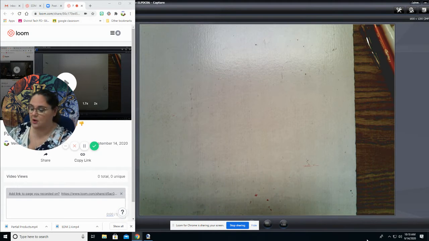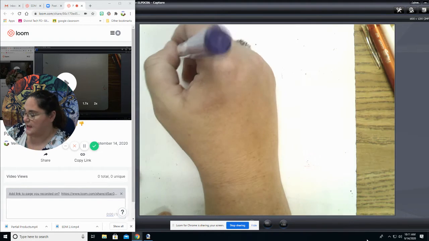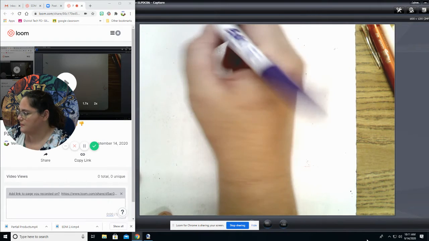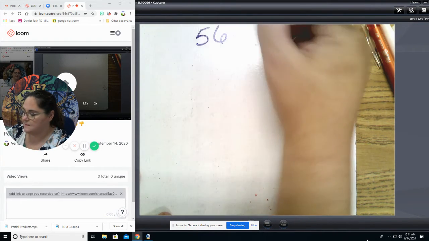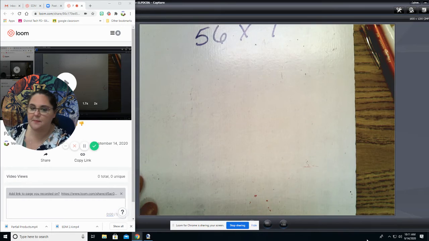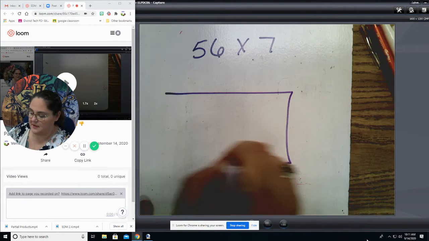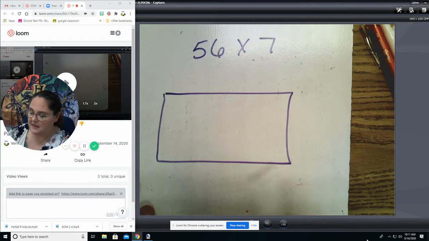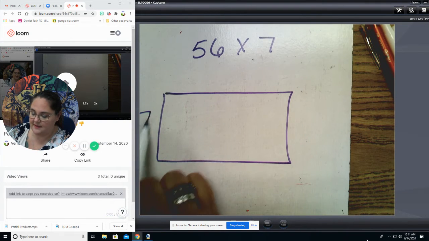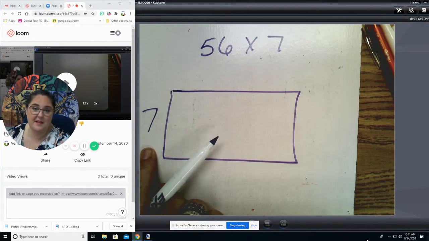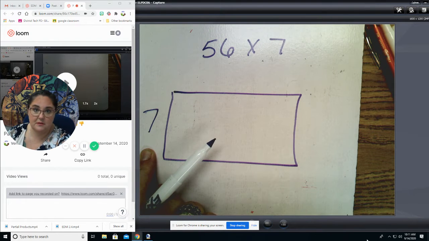So using area model, you're going to look at a number like 56 times 7. If I'm going to multiply 56 times 7, I'm going to start by drawing a rectangle. This box I'm going to divide just into my ones because it's only worth 7. There's not another number.